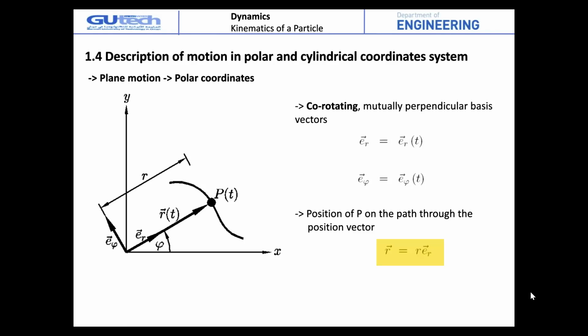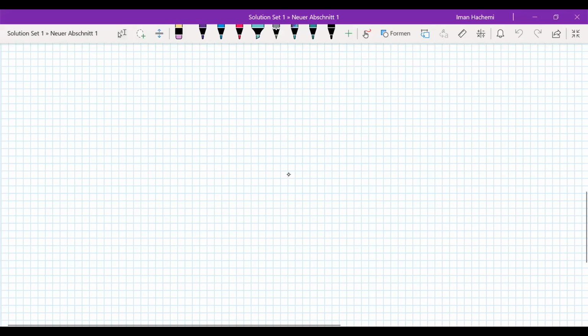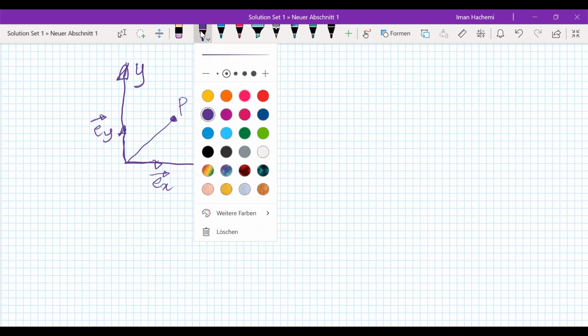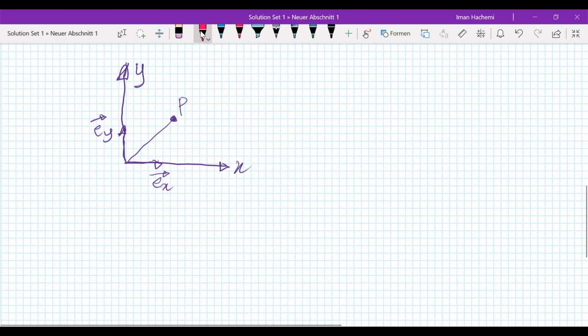If I take this coordinate system, we have X and we have Y. Now, if we take any point here, the particle P, instead of using the unit vectors Ex and Ey, we will use this coordinate system, Er and E phi.